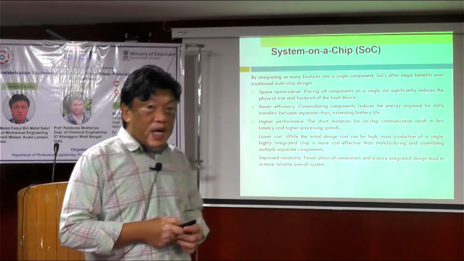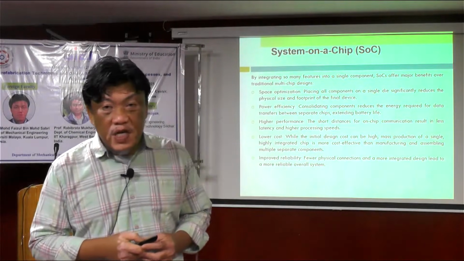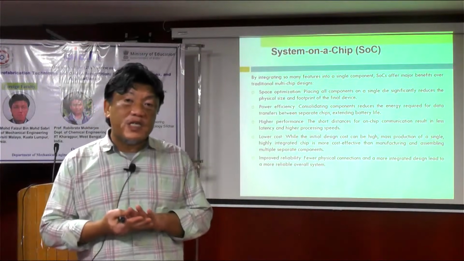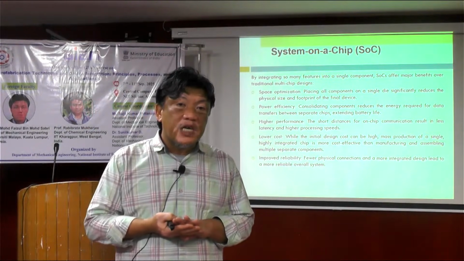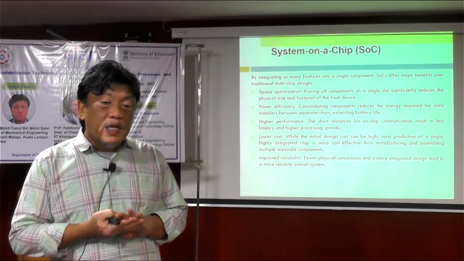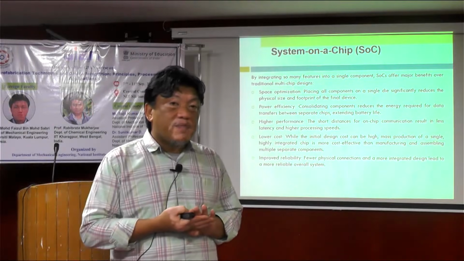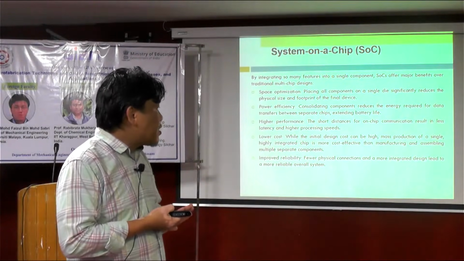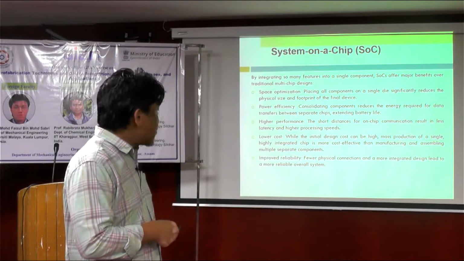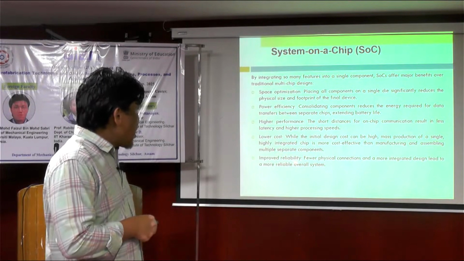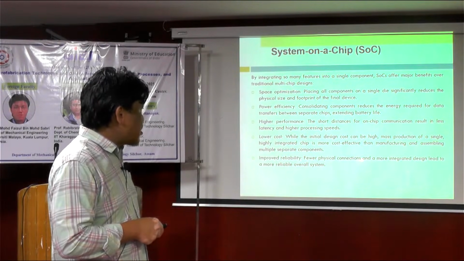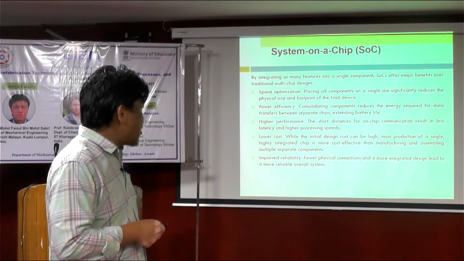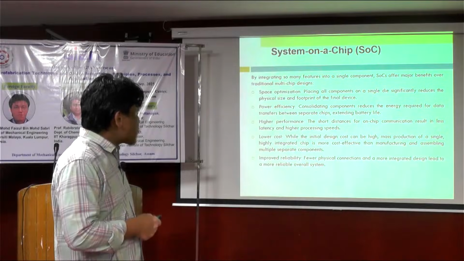We know that in MEMS, we use a wafer, and wafer processing is batch processing. Then if you integrate everything from the beginning, everything is fabricated at the same time, which reduces a lot of cost in assembly at the later stage. Improved reliability: fewer physical connections and a more integrated design lead to a more reliable overall system.